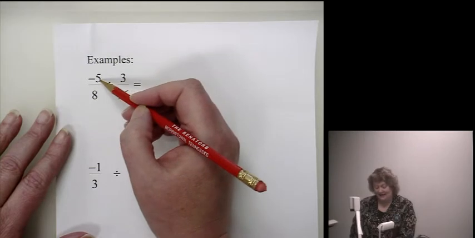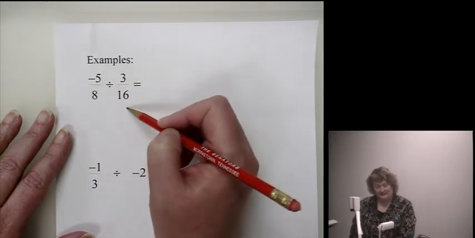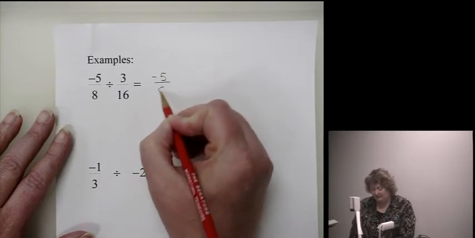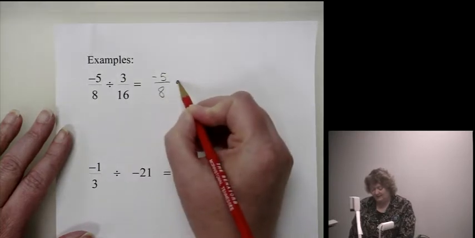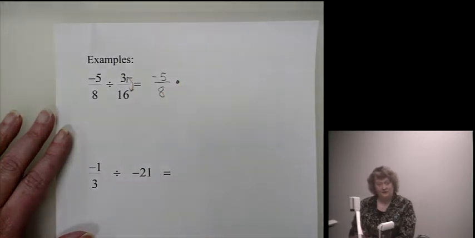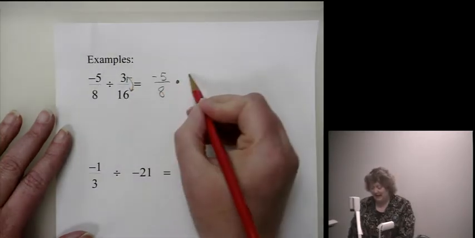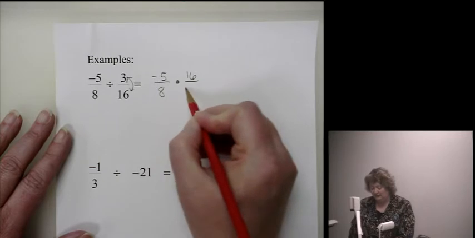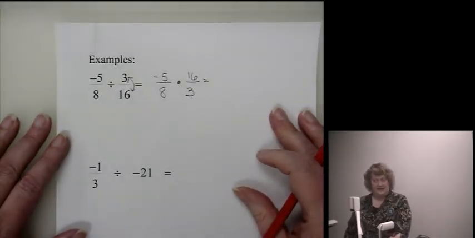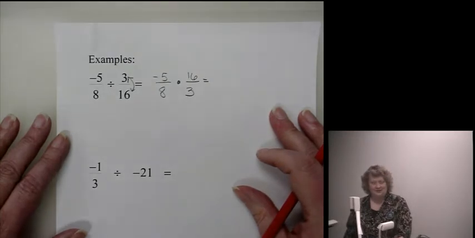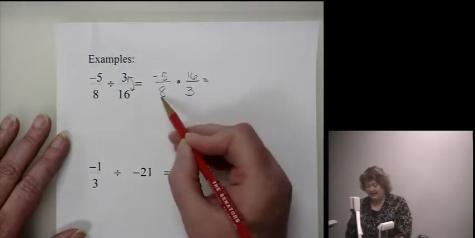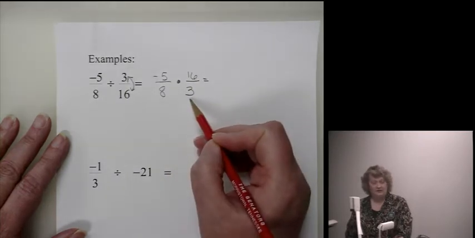So let's look at -5/8 divided by 3/16. You write the first number like it is, do the times, you flip the second fraction, not the first, but the second, times 16/3. Now this time I am going to do the reducing technique, which is to cancel before we multiply. Because if I multiply 5 times 16 and 8 times 3, I'm going to get very large numbers.